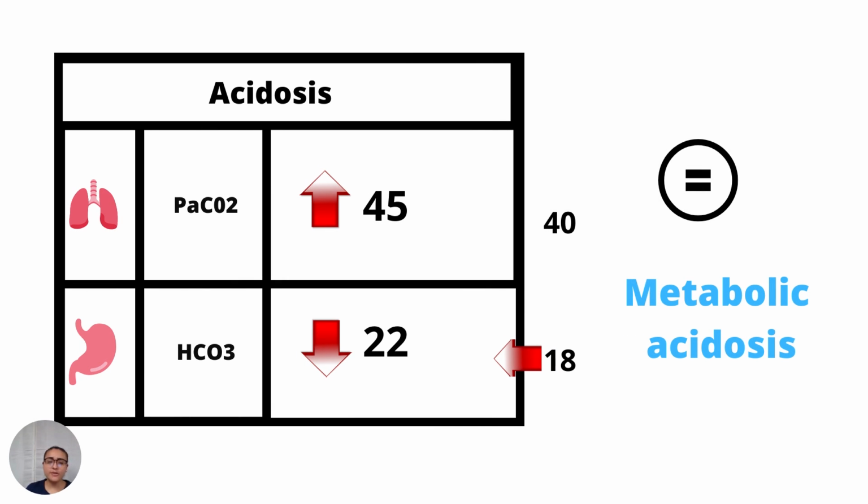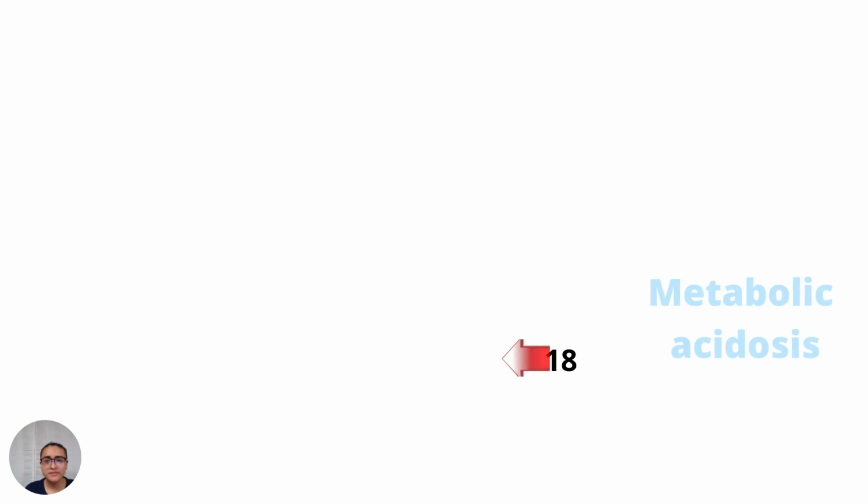And coming back to the graphic, we need to check these two levels of PaCO2 and HCO3. So we said that HCO3 is lower than 22, so it's 18. So we have a metabolic acidosis.